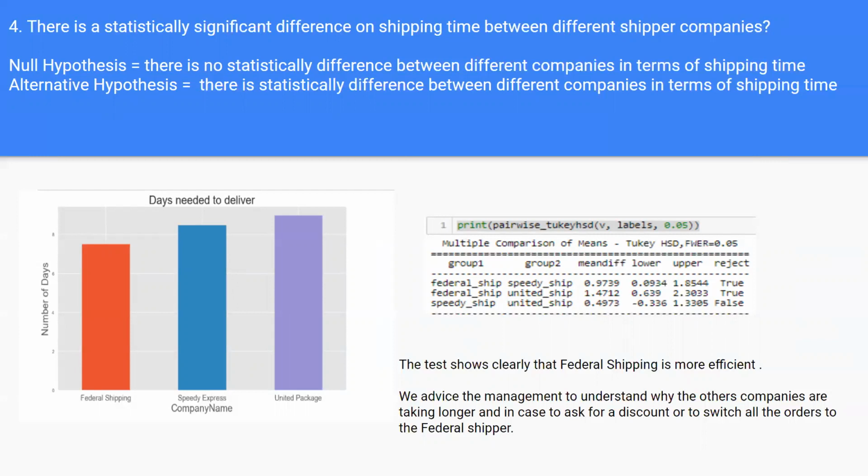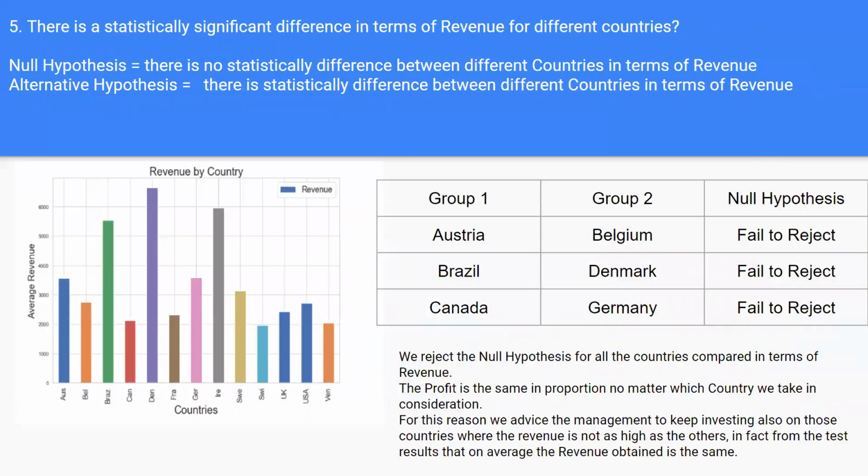The advice that we're going to give to our management is to understand why the other companies are taking longer, and in case to ask for a discount from those companies or to switch all our orders to the Federal shipper.